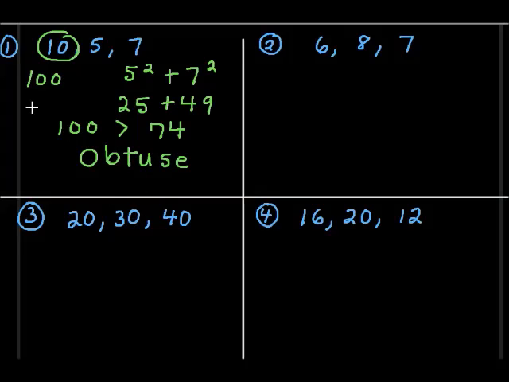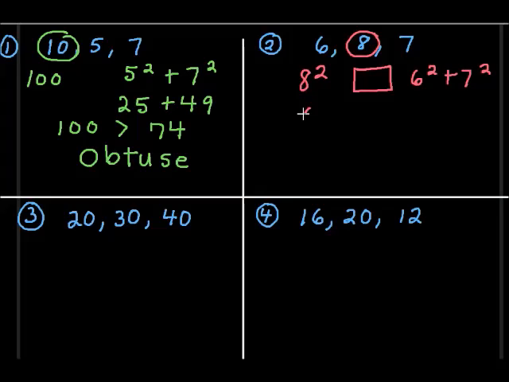Okay, let's try a few more. I've got a 6, an 8, and a 7. Now remember, the first thing I need to do is focus on the one that's the biggest, and that's the 8. So I'm going to do my 8 squared and compare it. You can put a little box there for the symbol. That's my comparison symbol to my 6 squared plus my 7 squared.